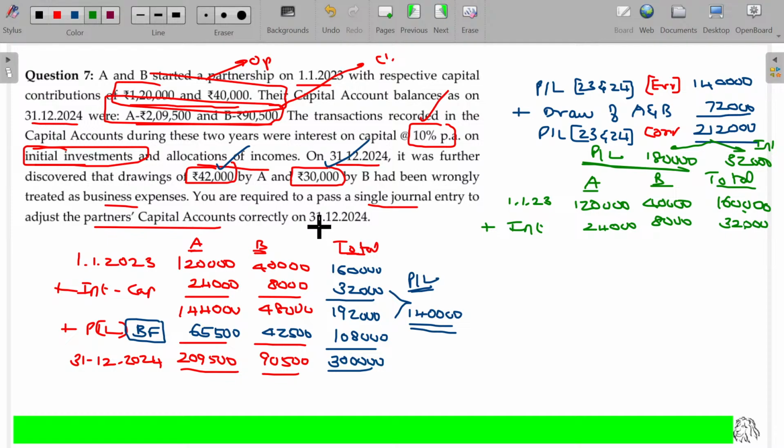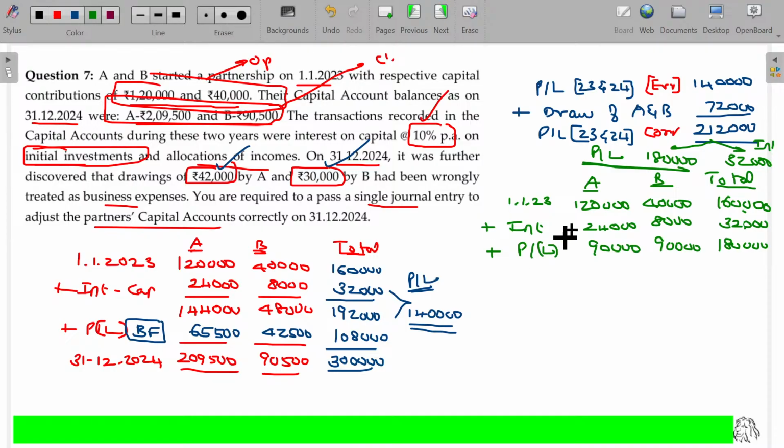I subtracted interest on capital. After subtracting the interest on capital, whatever the amount left over, that 1,80,000 is called the profit and loss. It will be shared between these two partners as per the ratio accepted. If the ratio is missing, then you have to share equally. So the ratio is missing, then the profit will be shared equally. 90,000 is for A, another 90,000 is for B. The value being 1,80,000.